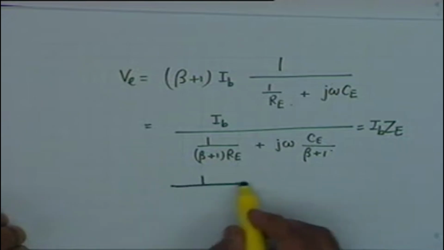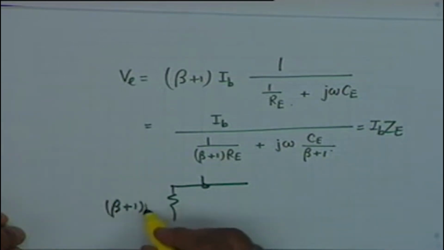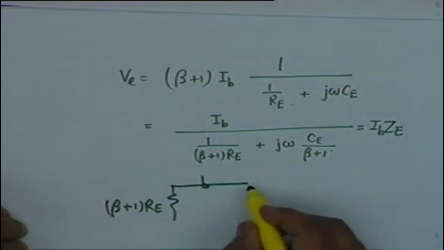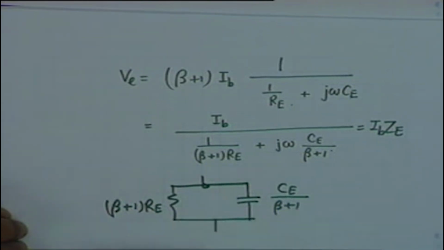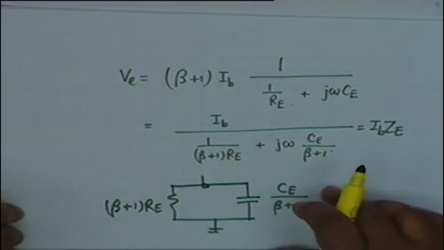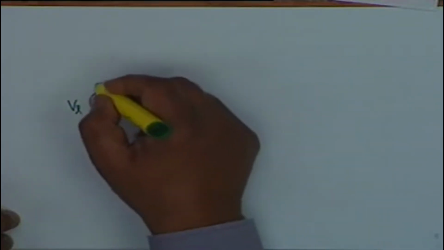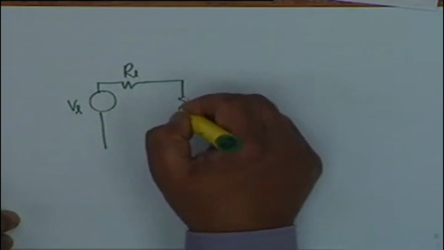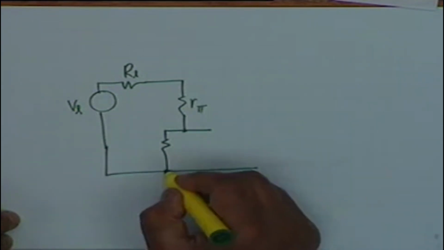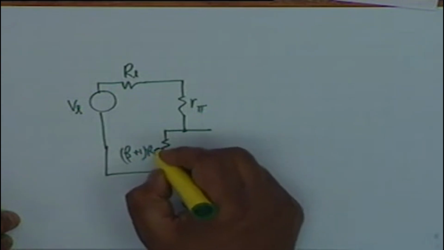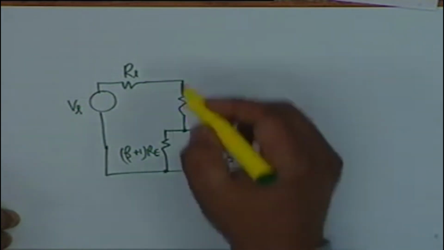Obviously ZE is a parallel combination of a resistance which is equal to beta plus 1 RE, not simply RE, and a capacitance whose value is CE divided by beta plus 1, and therefore my input circuit effectively becomes like this: Vs, Rs, R pi, and then a parallel combination of resistance beta plus 1 Re and a capacitance Ce divided by beta plus 1, and this current is I sub B.